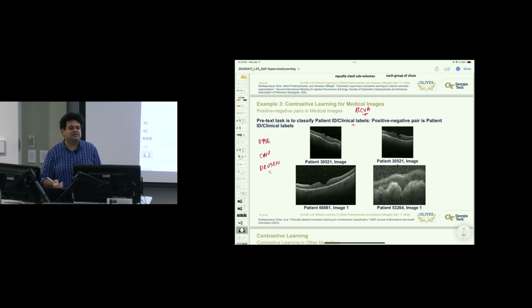So that is essentially the number that you get based on how many letters you read from a certain distance, and you can use that. Even though that is not anywhere within this image, it is an indicator of how good your vision is going to be. So it's correlated to the main labels that can exist, and you can use that in order to construct your pretext task based on these kind of clinical labels.